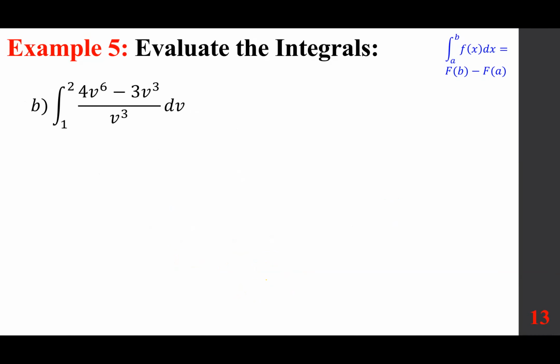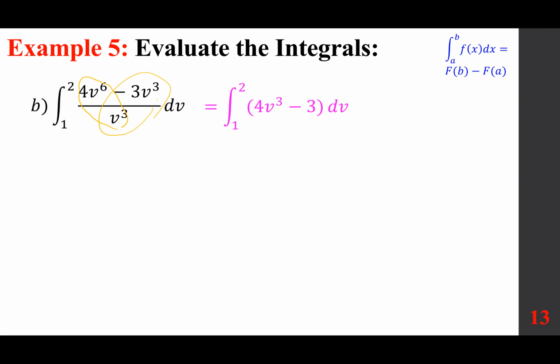Again, even if we were differentiating, the first step is algebra, which means you do this, and that gives you 4v cubed minus 3. That's the first step, the algebraic step.